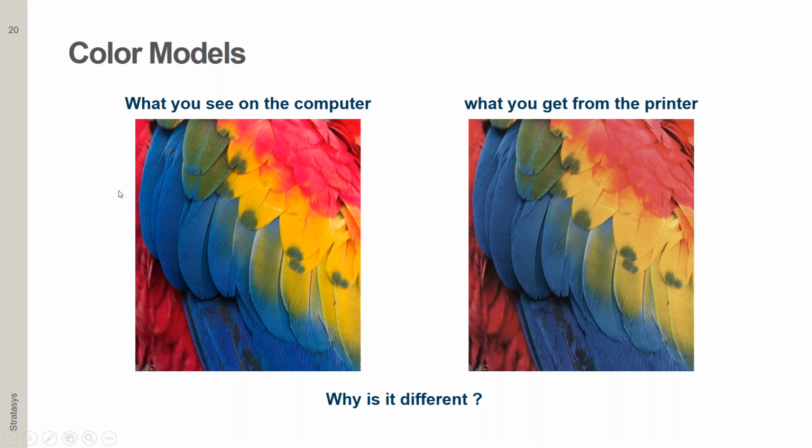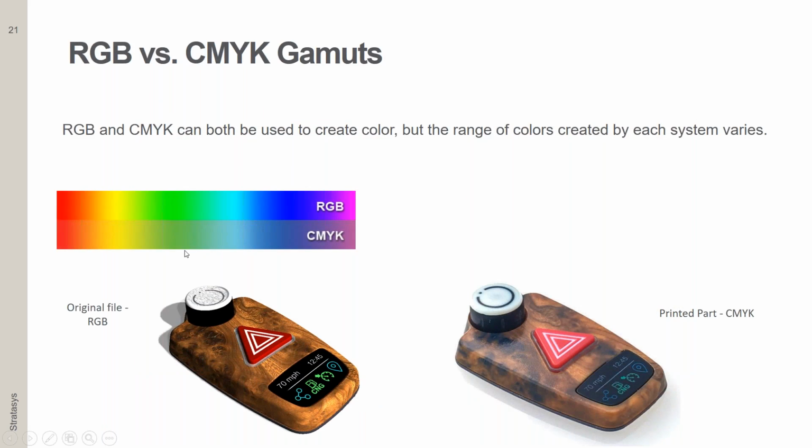So it is different because we work on two color systems. On the left picture, you see the screenshot from the part, the original RGB file, and on the right one, you see a printed part with CMYK. There is a difference.